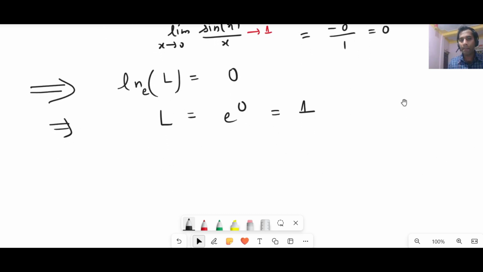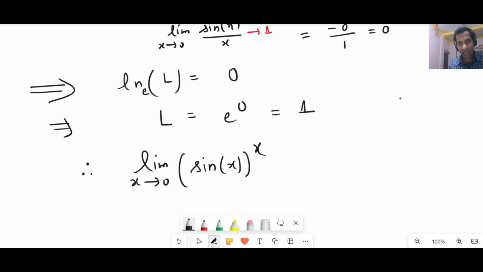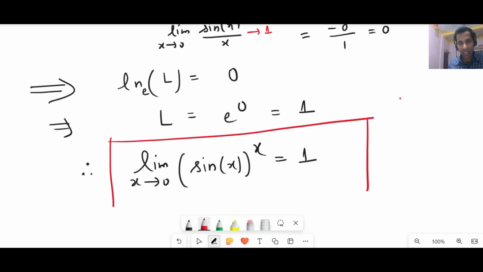Therefore, we can write the value of the limit x tending to 0 of (sin x) to the whole power x is equal to 1. And this is your required final answer.